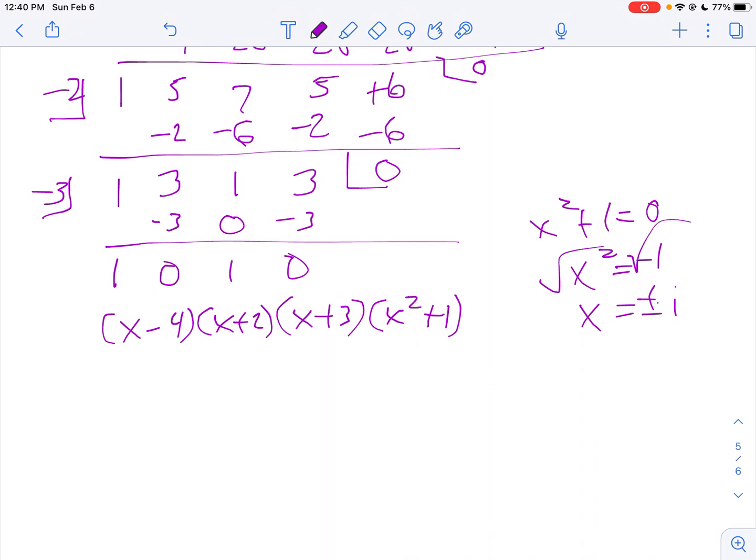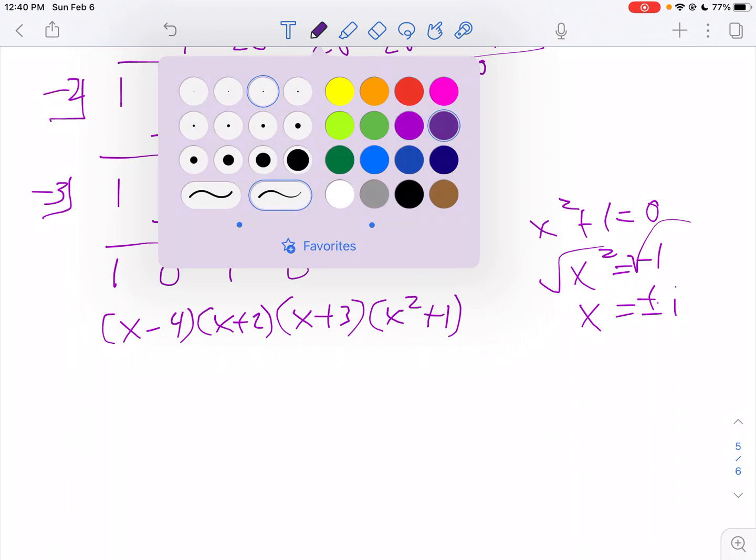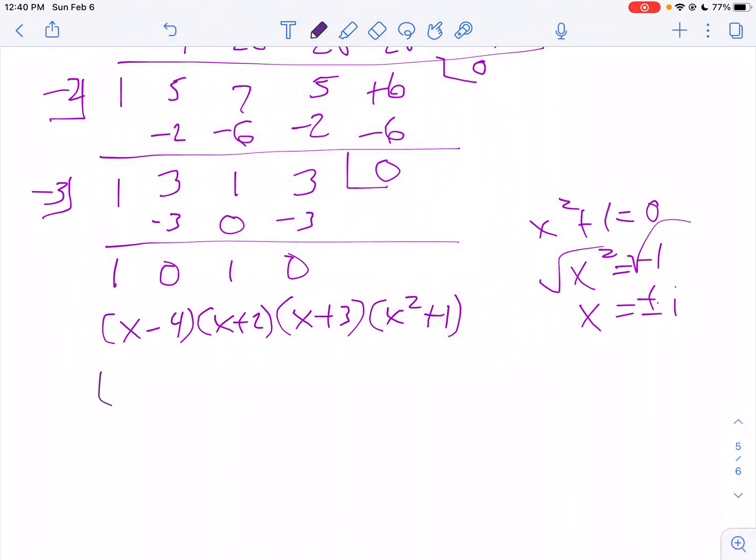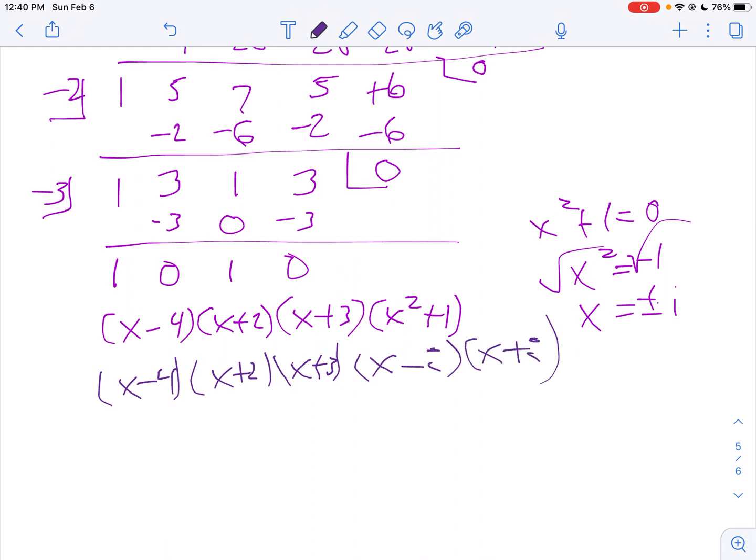So then my second answer, as a product of linear factors, I'm going to start the same way. It will be x minus 4 times x plus 2 times x plus 3. Then I'll say x minus i and x minus a negative i, or x plus i. So those are all your linear factors.